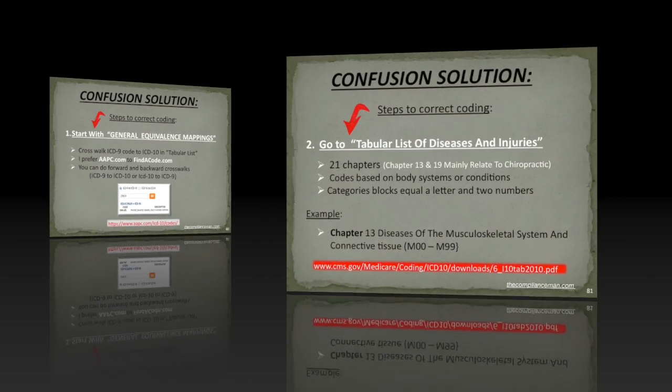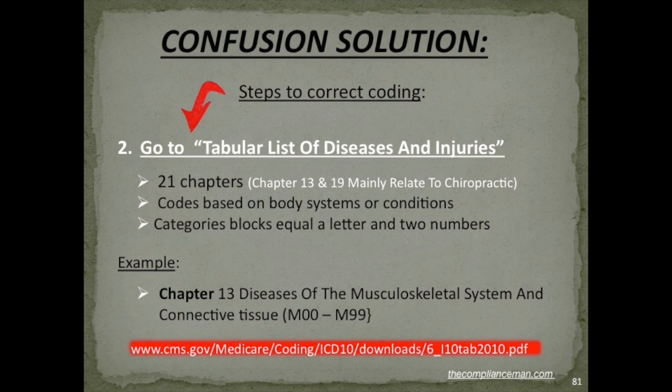Then from there, you'll go to the tabular list of diseases and injuries with the ICD-10 code. And these codes, again, are based on body systems and conditions. There are 21 chapters, but as a chiropractor, you're going to use chapter 13 and chapter 19 mainly.